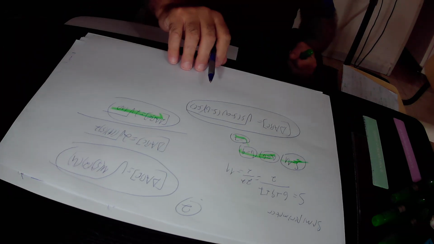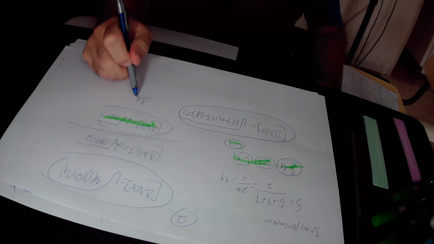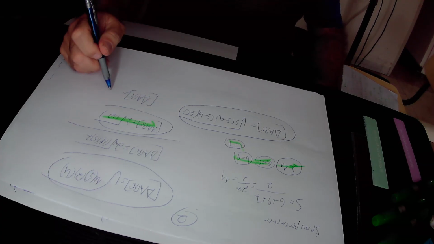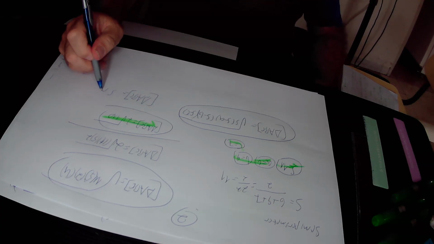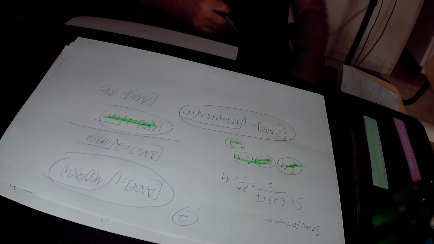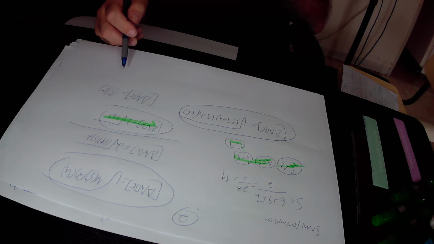According to the special formula, the area of any triangle that circumscribes a circle is equal to S times R. S is the semi-perimeter of the triangle, and R is the radius of the circle inscribed in the triangle.